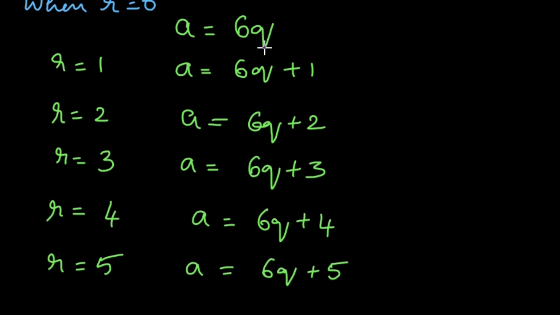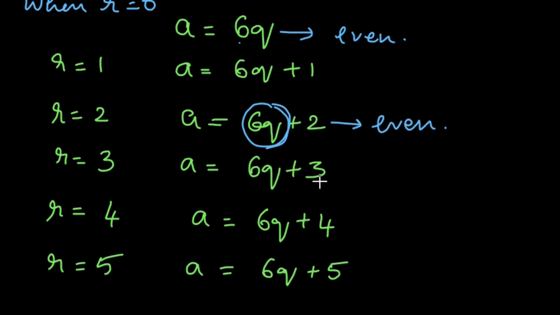Any number when multiplied by 6, 6 is an even number. Any number multiplied by even number, product is always even. Similarly, ये वाला number 6q plus 2, ये वाला even हो जाएगा, plus adding with 2 will give you an even number, so therefore this is also even. This number 6q plus 4, this is even, plus 4 adding it will also give you an even number.